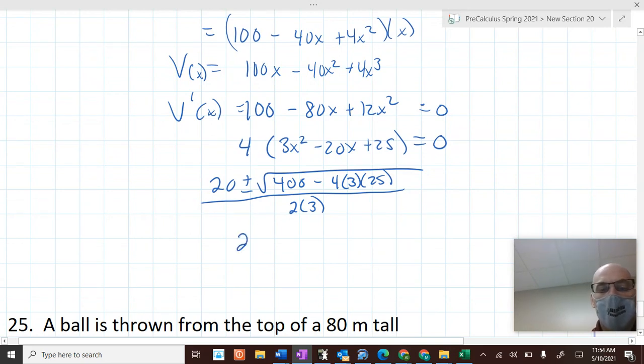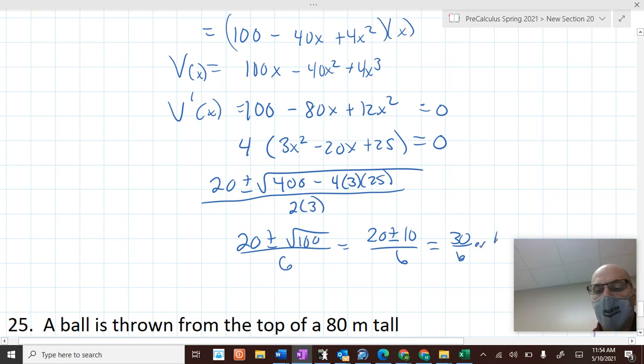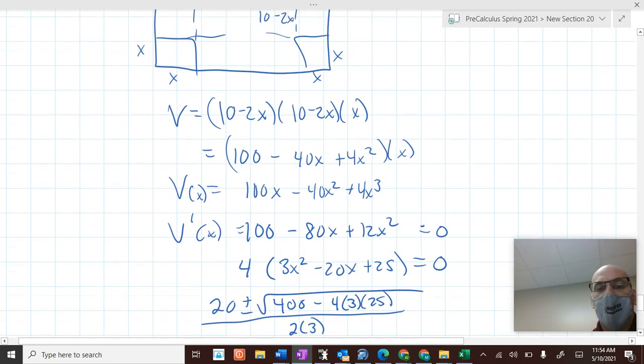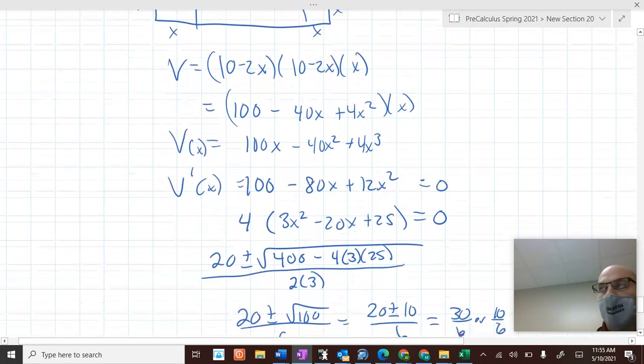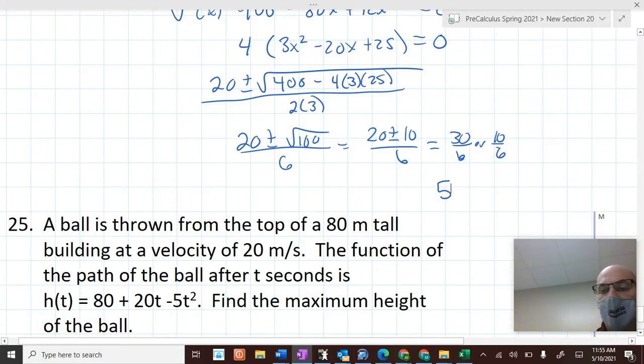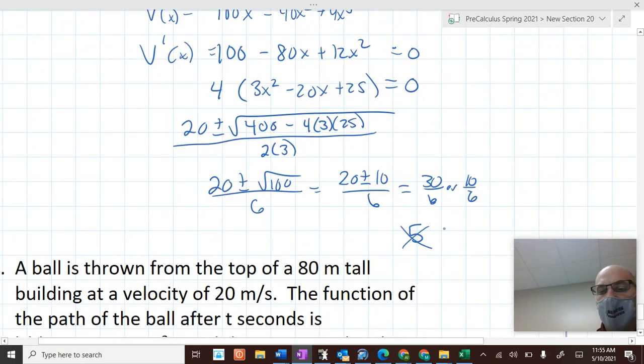So 400 minus 300 is 100. So it's 20 plus or minus 10 over 6, which is 30 over 6 or 10 over 6. Well, 30 over 6 is 5. But if we cut 5 off of each side, what's left? Nothing. So it can't be 5. 10/6 is 5/3. That must be the answer.